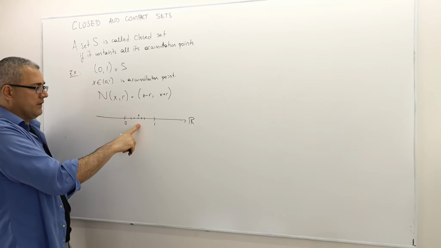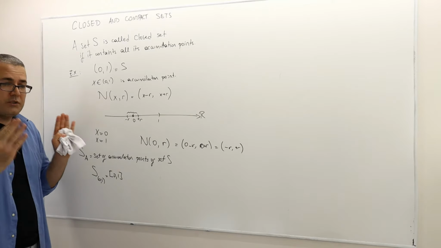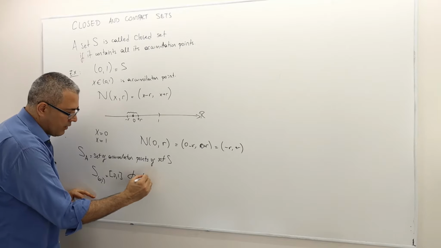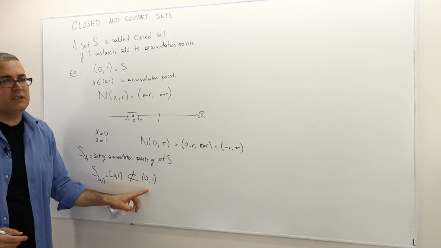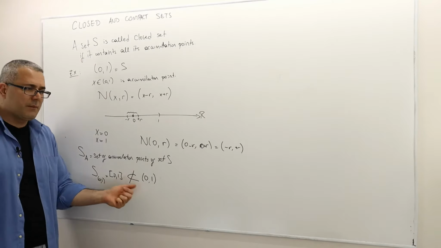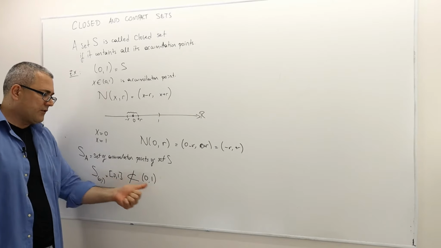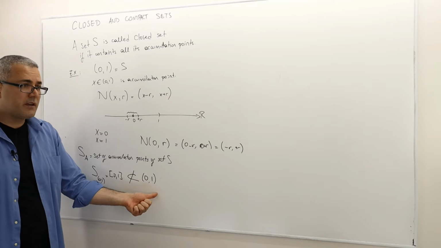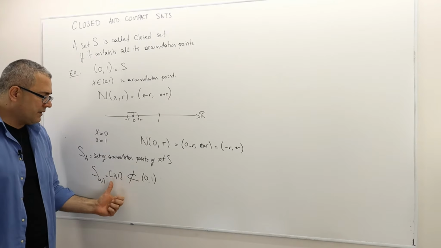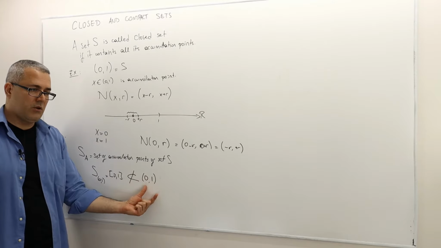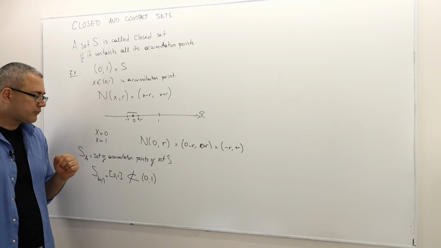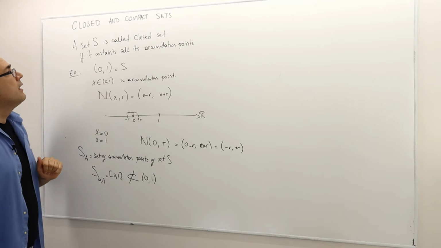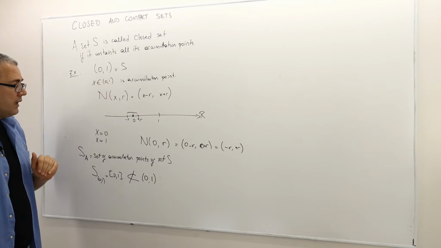And clearly this is not a subset of the (0, 1) open interval because it doesn't include 0. Remember, to be a subset, every element here has to be an element there, but 0 is an element here, not an element there. So the (0, 1) closed interval is not a subset of the (0, 1) open interval. Therefore, this is not a closed set. I'm sorry.